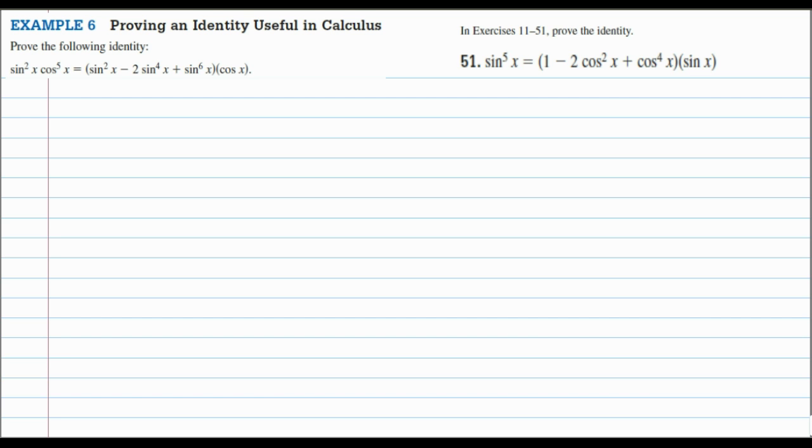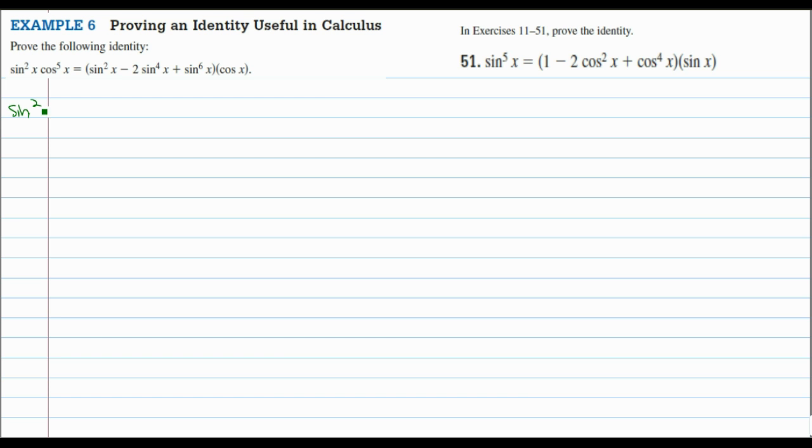Well, on the right side, I could start by factoring out a sine squared. Or on the left side, I could start by breaking up cosine to the fifth into 1 minus sine squareds. It's your call. I'm going to start by working with the left side.